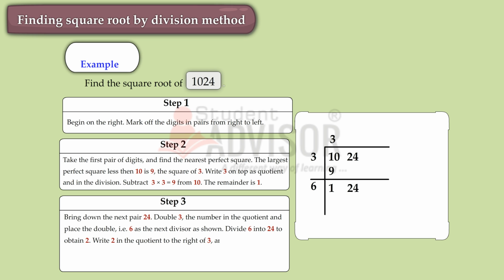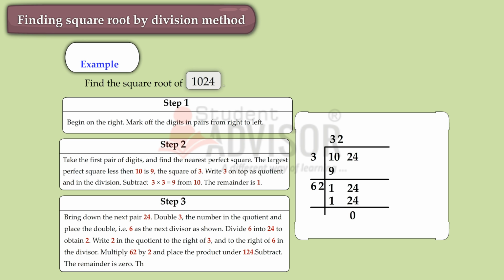Multiply 62 by 2 and place the product under 124. Subtract. The remainder is 0. Therefore, 32 is the exact square root.